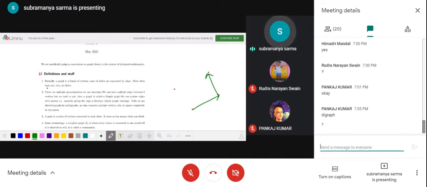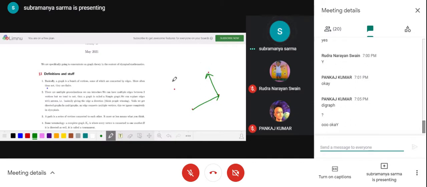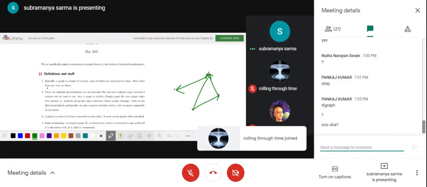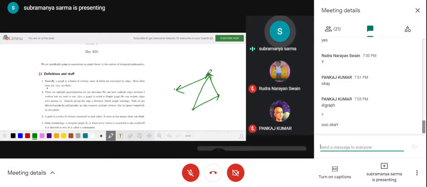One interpretation could be, say these four are teams playing in a tournament, and whoever is winning has the arrow pointed towards them. So maybe this team has only played once but has won their match, and this team has won their one match against this team, and this team has won two of their matches against these two but lost against this team. So you can see the interpretation.